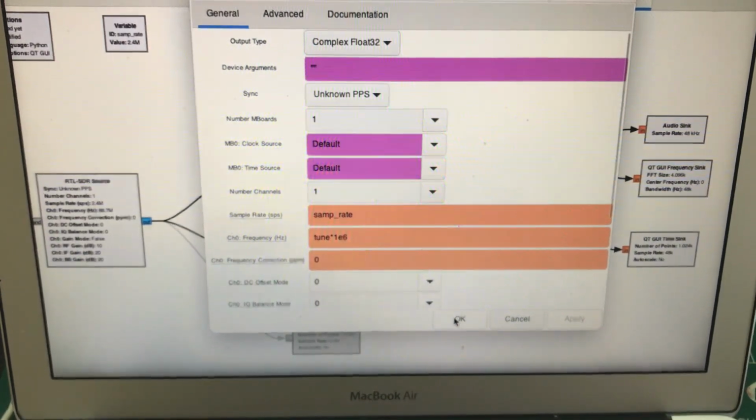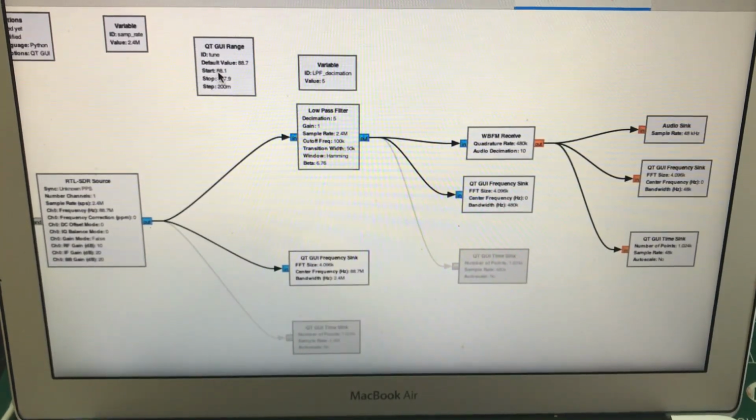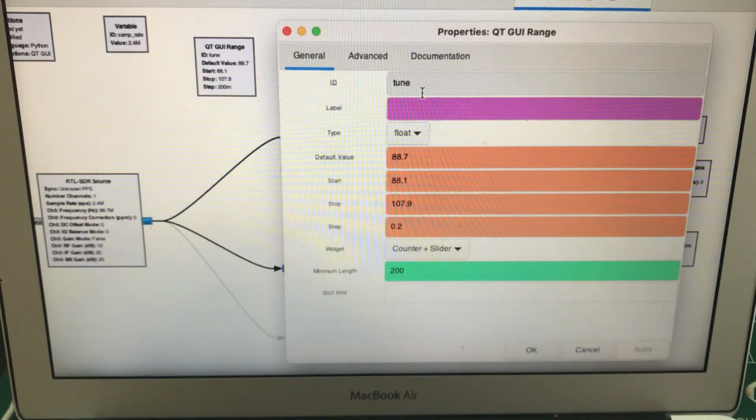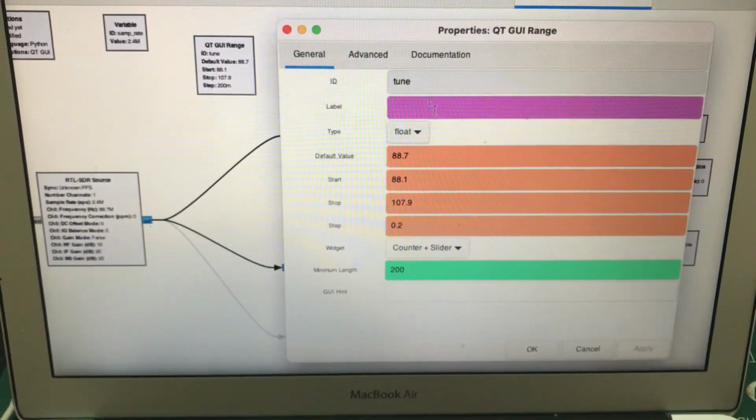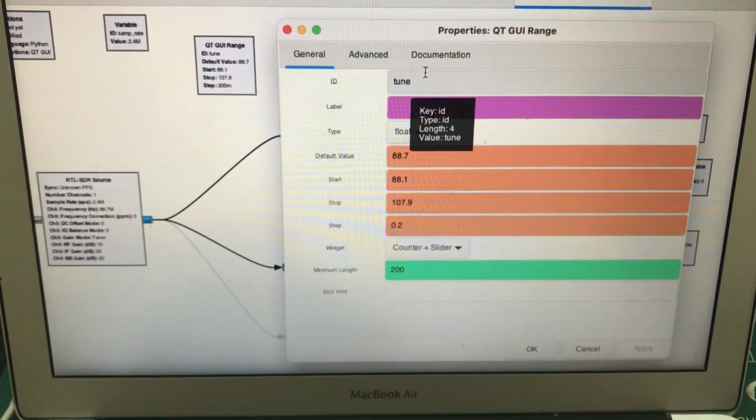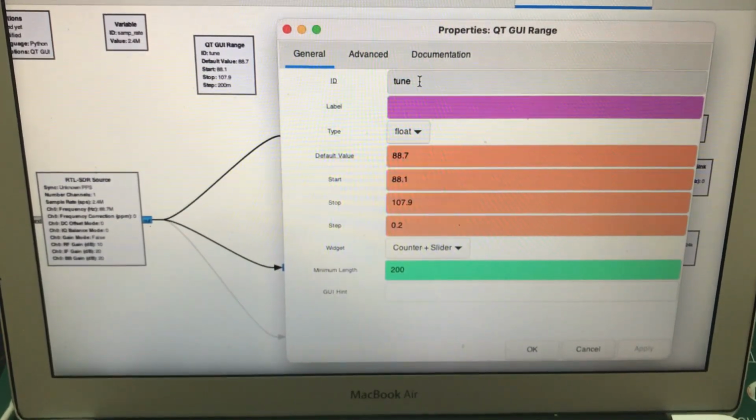Let's quickly look at this particular variable which I declared. This is the variable known as the tune variable. Here I'm setting the limits of my FM channel. The variable that I declared earlier, which is in my RTL-SDR source, is tune. This is basically the range of FM.